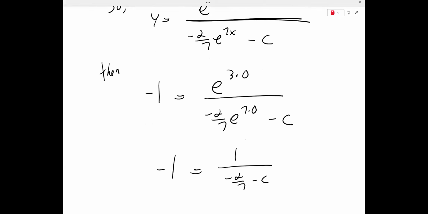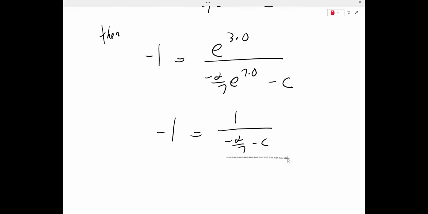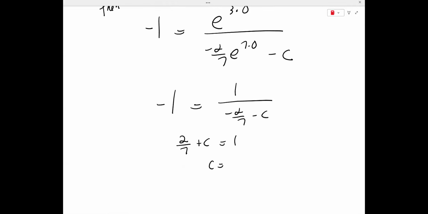But anyway, I guess I got minus c here. So then you solve this here. I guess I can multiply this over. So that'd be like 2/7 plus c equals 1. Right, so I multiply both sides by this here and distribute the -1. So then I think c is equal to 5/7 you would get.